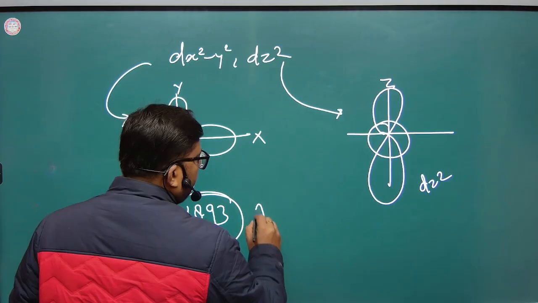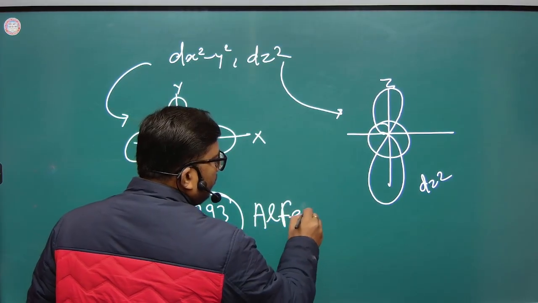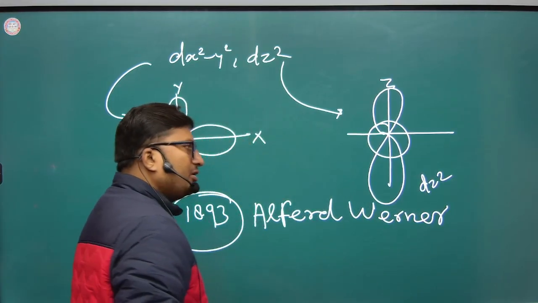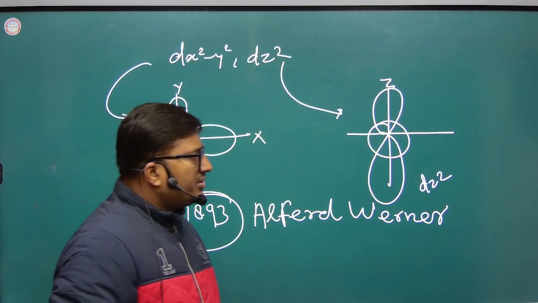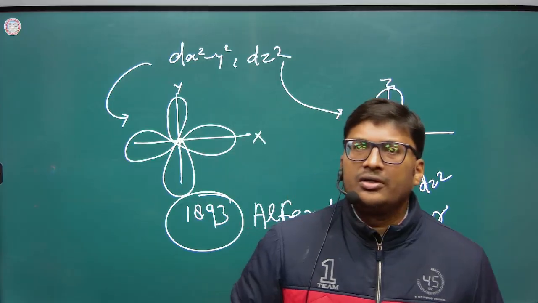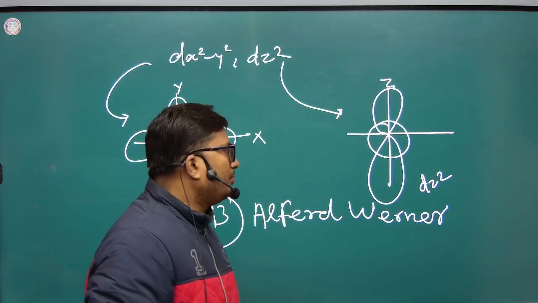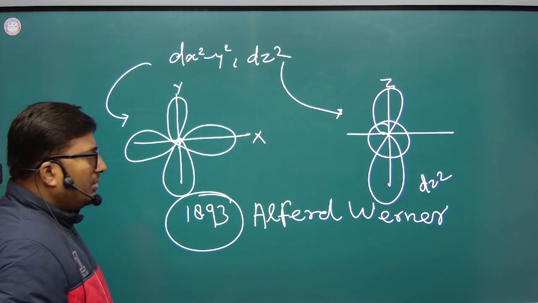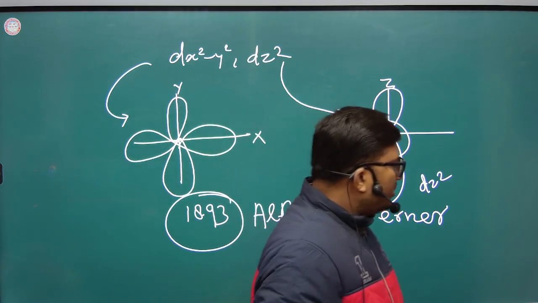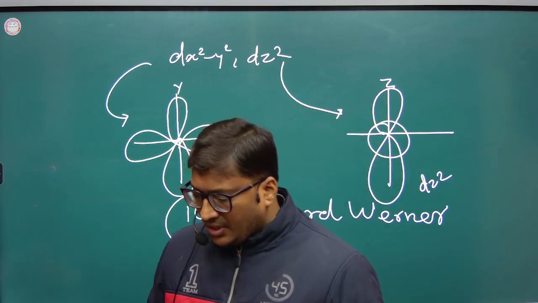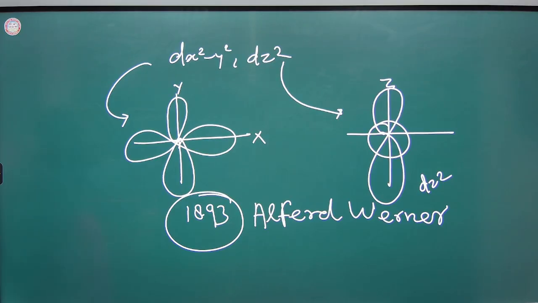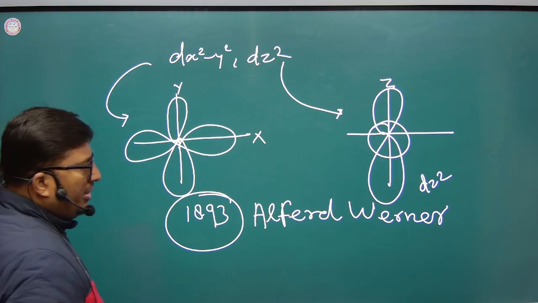Alfred Werner is a scientist who studied deeply the chemistry of metal and ligand, and on the basis of the chemistry and type of interactions, he discussed and rationalized various aspects.